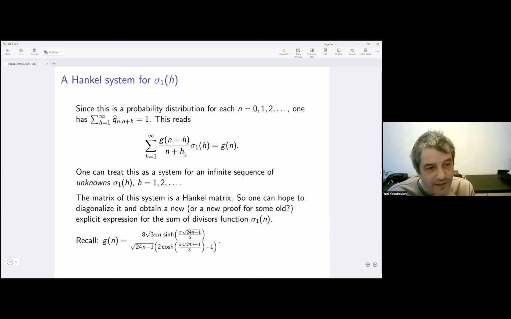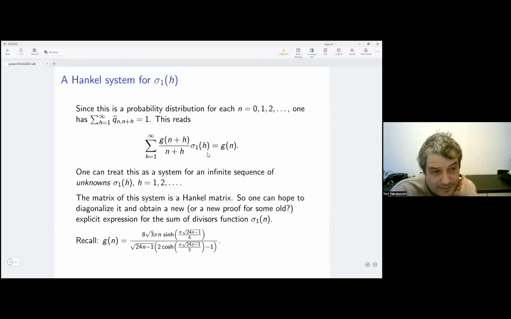These coefficients are constant, and I didn't manage to do it, but one can probably solve this system, and then it will give some solution for these sigmas, which are sums of divisor functions.